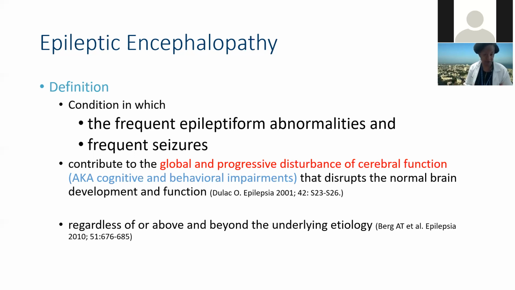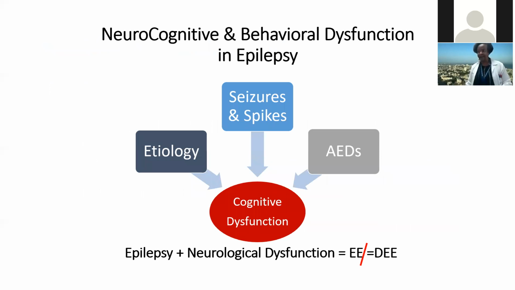But this is not true, okay? So when we assess the cognitive function of children who have early onset epilepsy, okay? There is a contributing factor from the spikes and the seizures, okay?